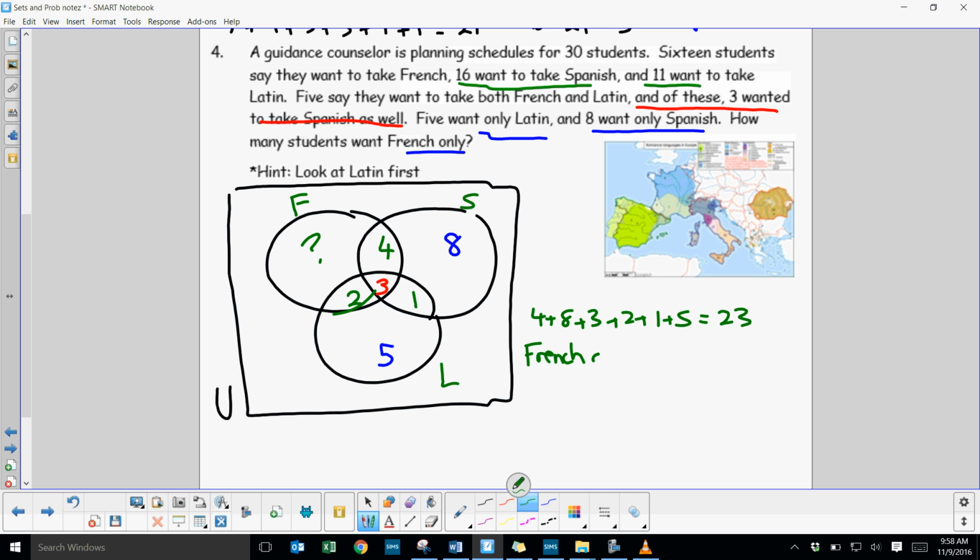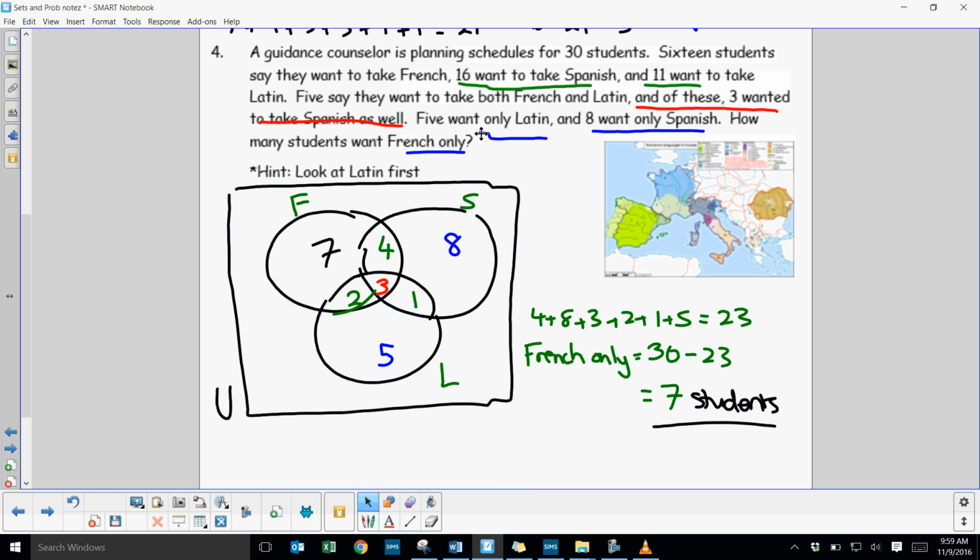French only must be the total, which is 30 minus 23 equals 7. So let's put that in here now. There must be a 7 there. So 7 students. In a way, you've worked it out down here, so you can just say this is the answer. And that's a little brief introduction to Venn diagrams.